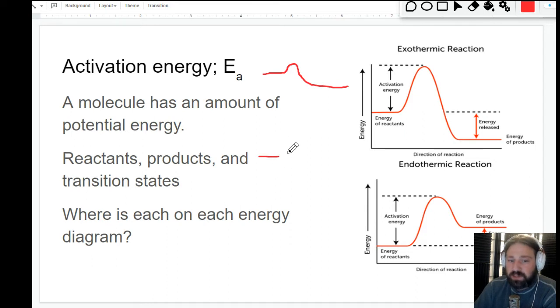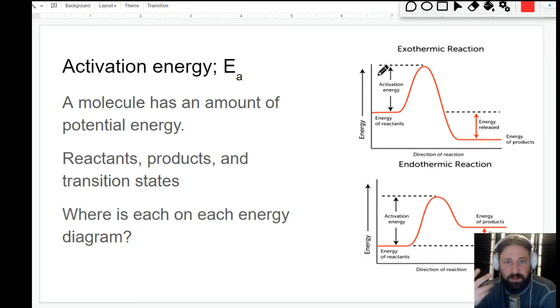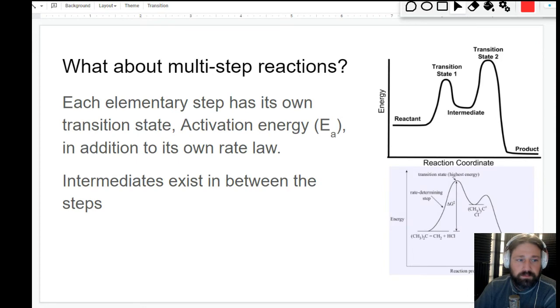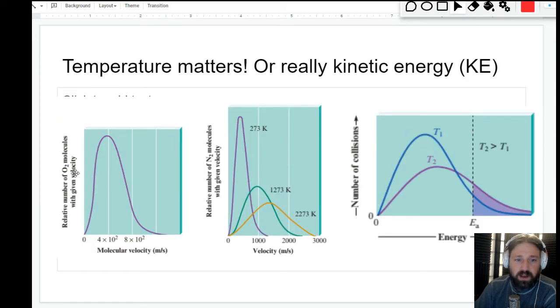Some reactions have a very large activation energy, in which case we're going to need to put in a bunch of energy in order to get that reaction going. So that's one thing that you have to think about, is that these particles have to slam into each other with enough force. Okay, and we'll get into a lot more stuff like that later.